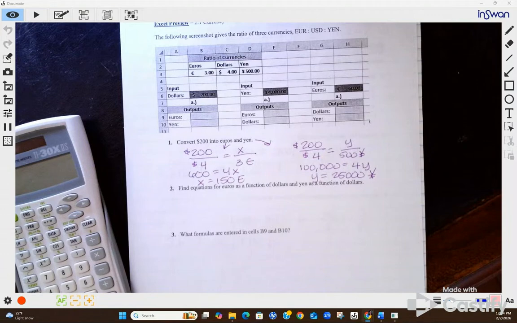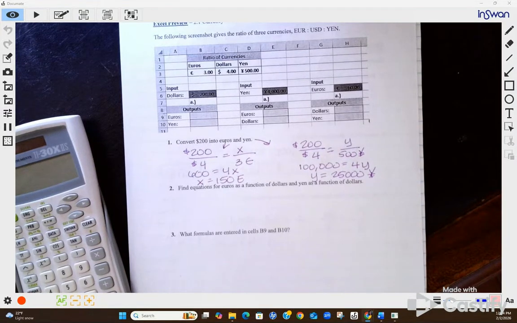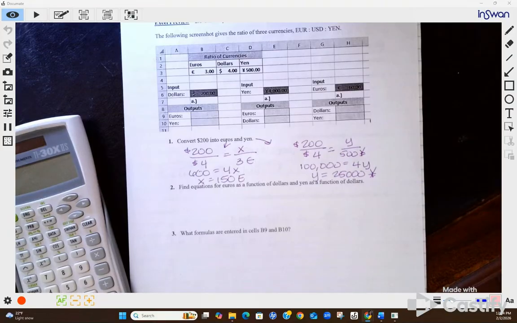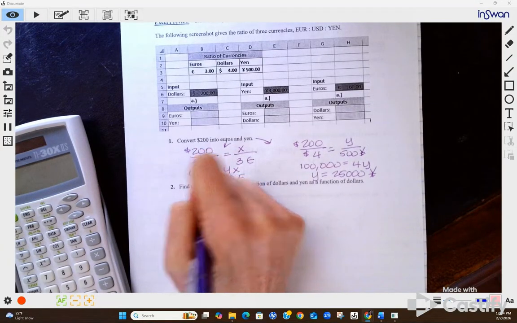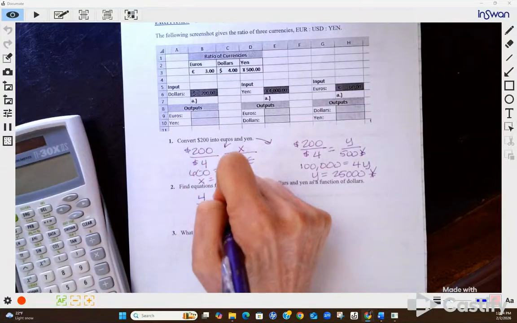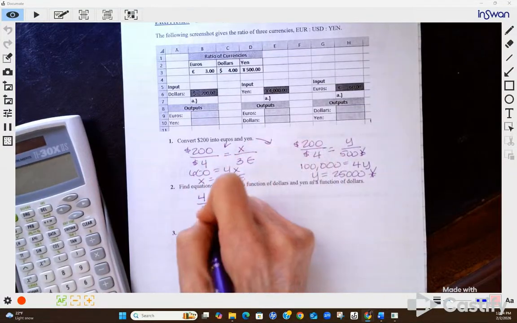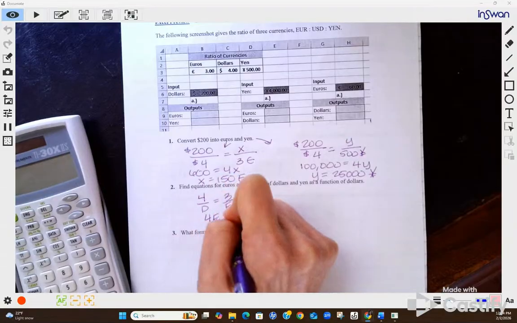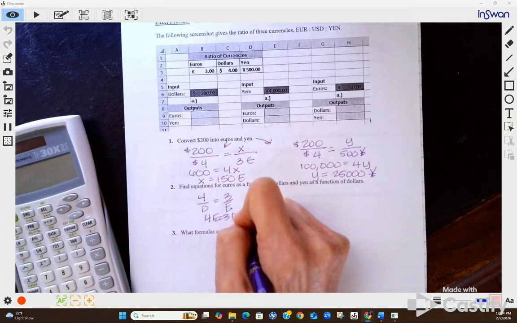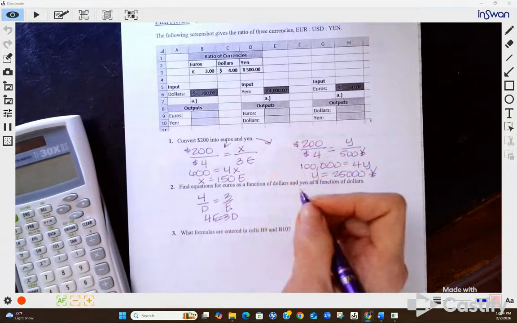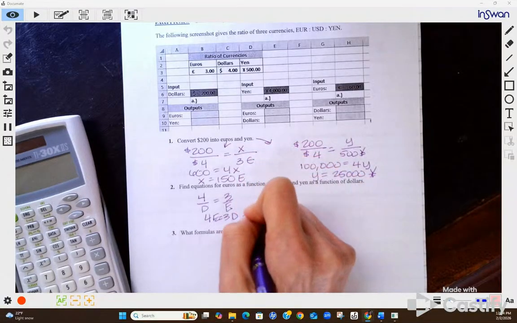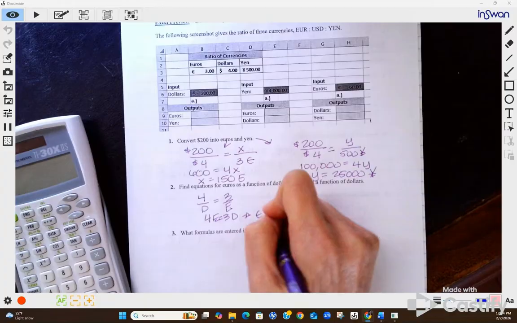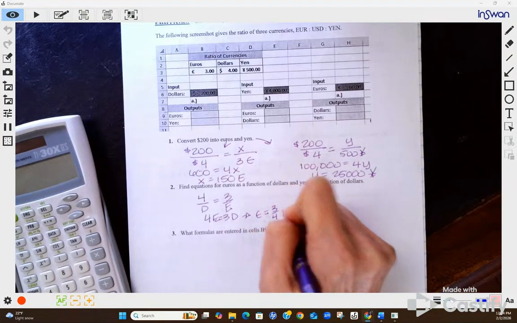So if we did find equations for euros as a function of dollars and yens, $4 is to 3 euros, so 4 euros equals $3, and as a function of euros as a function of dollars, so it would be euros equals 3/4 dollars.